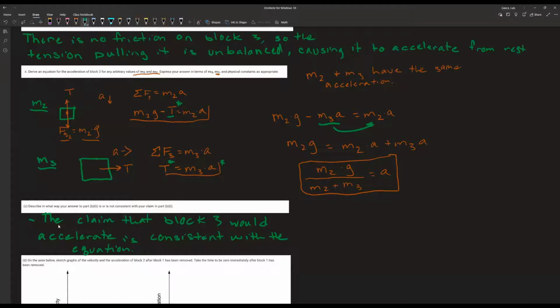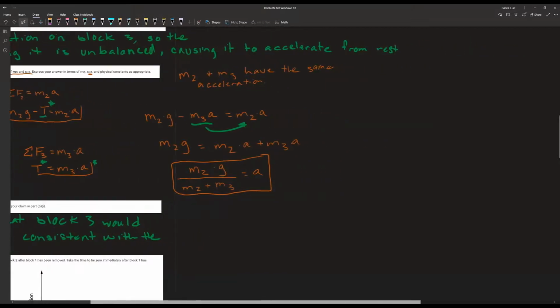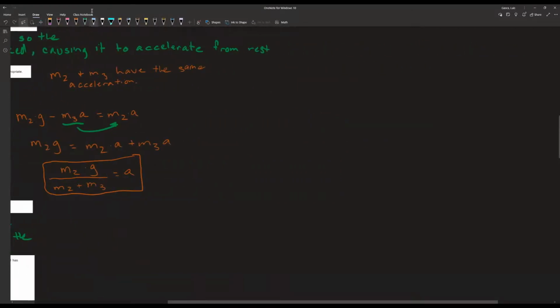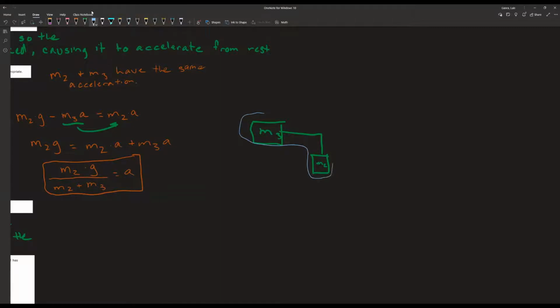Is there another way? It's called the system approach, or what I call the block method. So if we look at this collection of masses, we have M3 and then M2. Sometimes what I'll do is something called the block method, and I just draw a closed shape around my system.